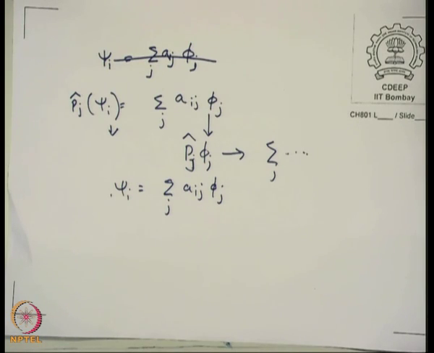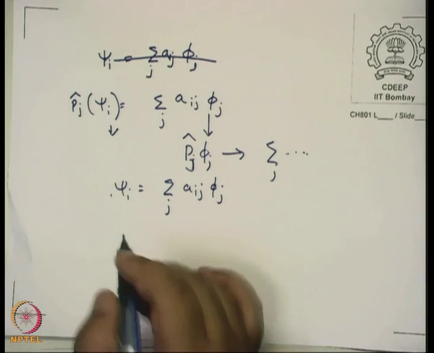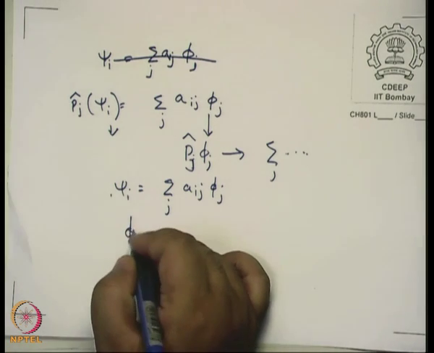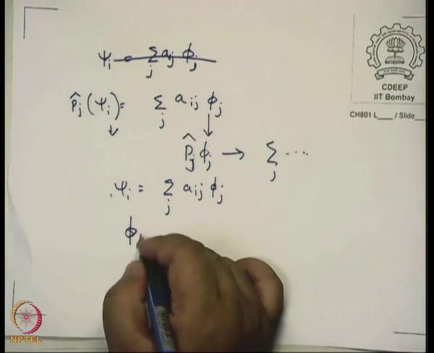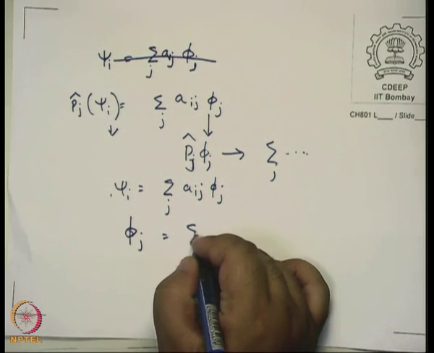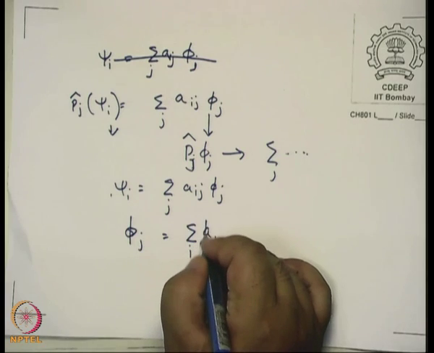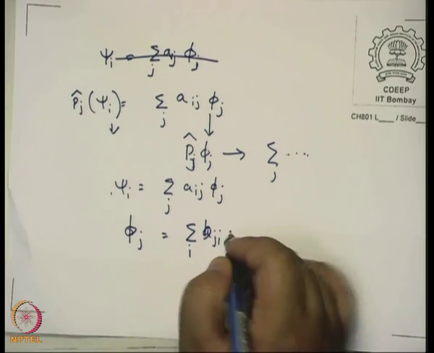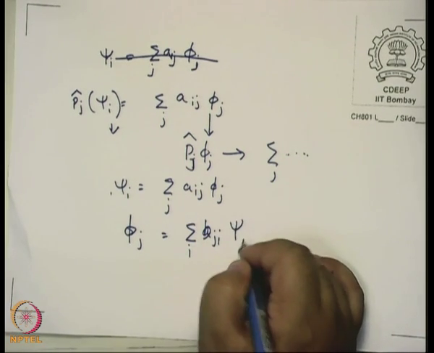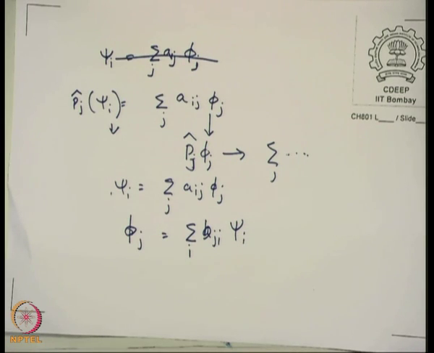Will you agree with me that I can write another system of equations where each phi j can be written as a linear combination, maybe I will write b j I now, of the molecular orbitals? Is that right? Let us see if it is right or not.